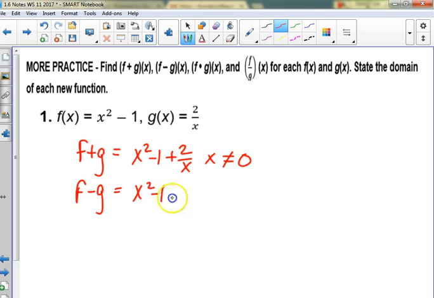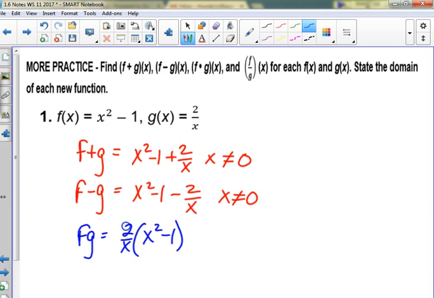x squared minus 1 minus 2 over x, where x cannot equal 0. Everybody okay? What about times? How do you want to do times? Okay, so 2 over x, you want to distribute it? x squared minus 1. So we'd have 2x squared over x minus 2 over x, right?